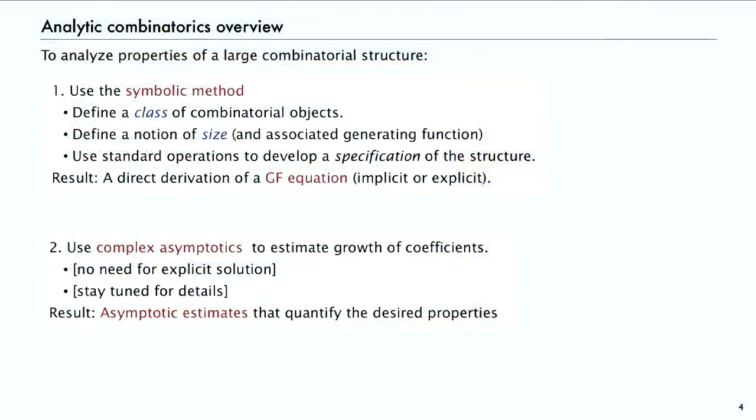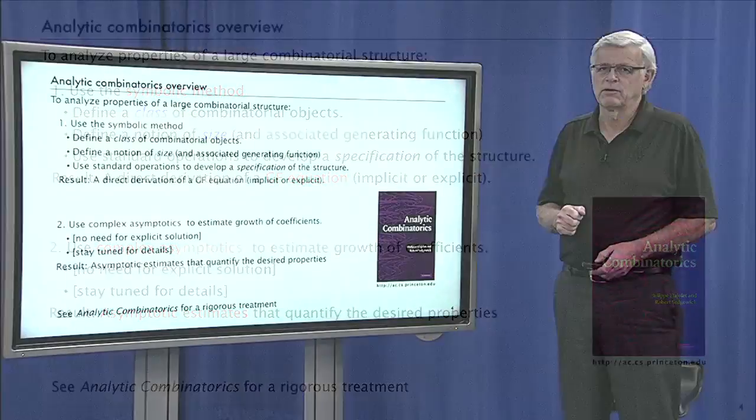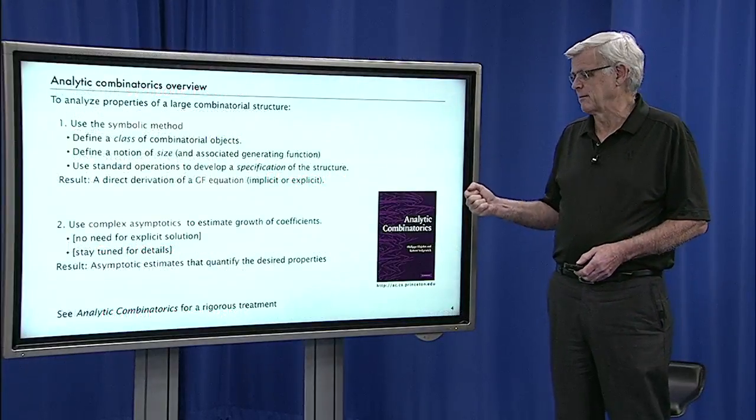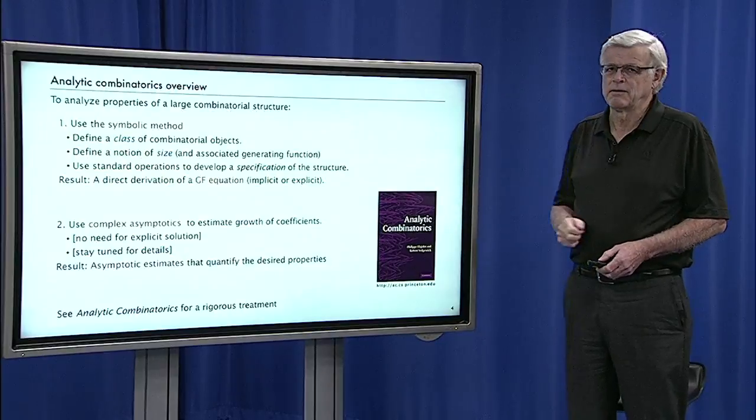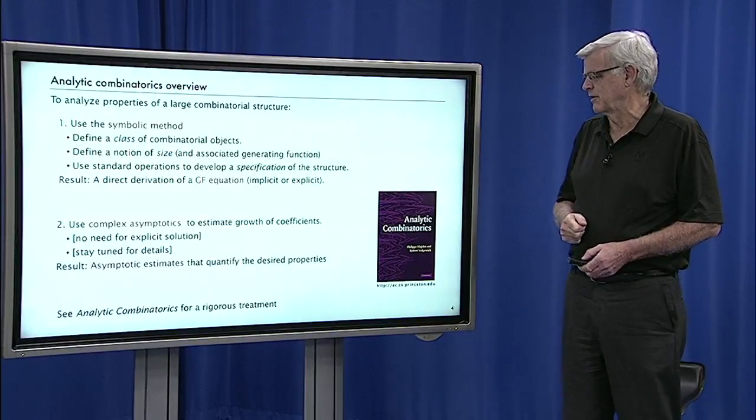We don't have to find an explicit solution, and that'll be the second part of this Part 2, where we'll talk about directly deriving asymptotic estimates that give us the desired properties. And that's what the Analytic Combinatorics book is all about. First part's about the symbolic method. Second part's about deriving directly asymptotic estimates of the coefficients.